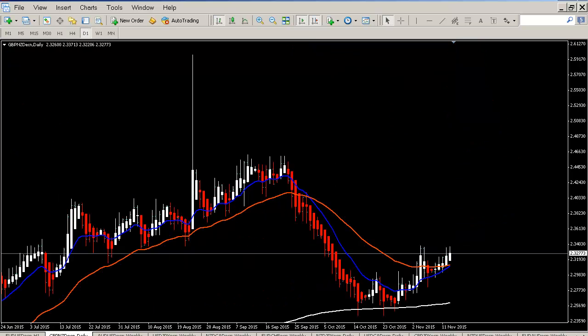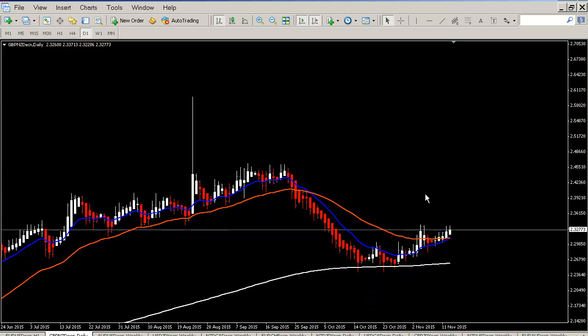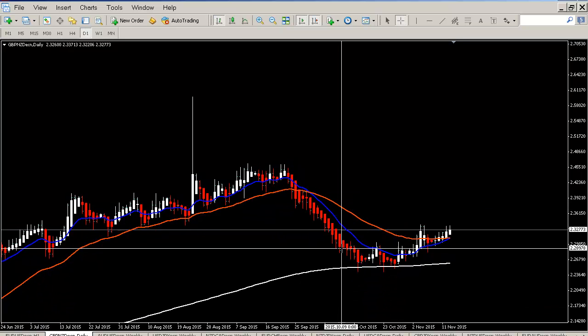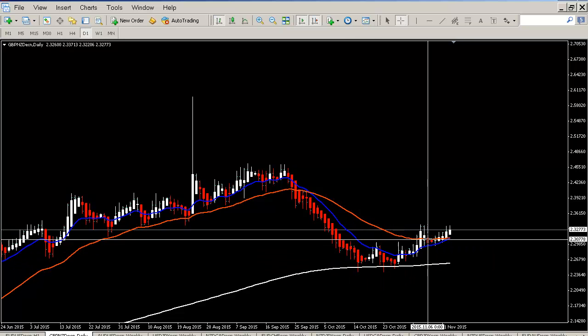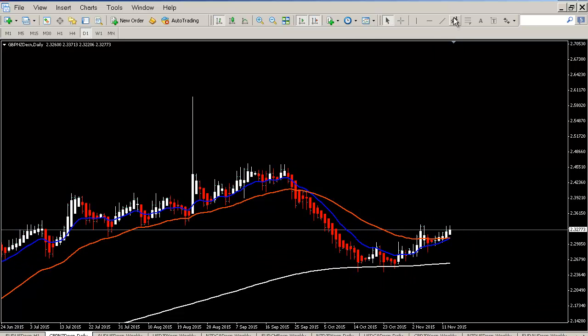Like for instance, GBP New Zealand Dollar. The reason we take a look at this one, we had this powerful short trades, and price is now retracing still.